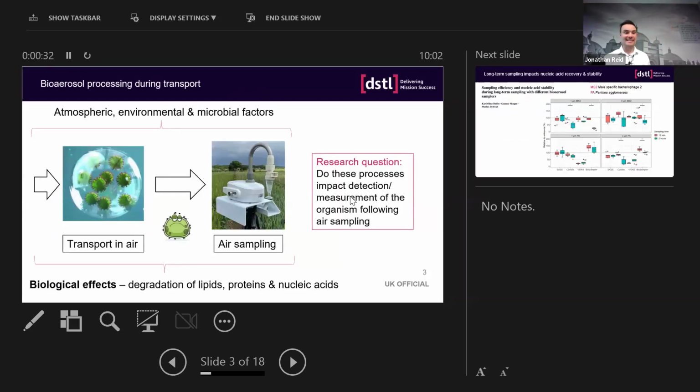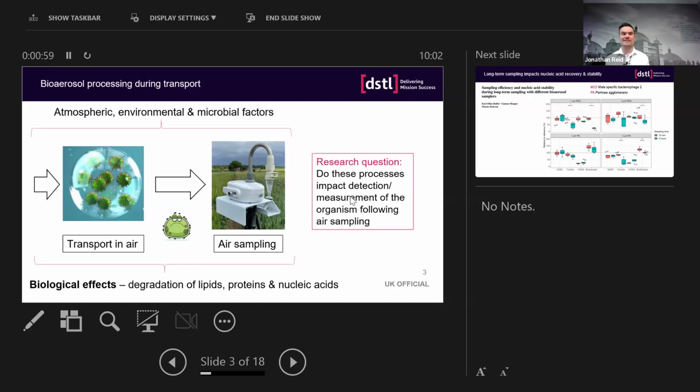In order to be collected from the aerosol phase, bioaerosol has to be first generated, and then pathogen-laden droplets have to travel through the air to that collection point. Whilst this is occurring, there's a whole host of atmospheric, environmental and microbial factors that are imparting stresses on those microorganisms during those three phases of the aerobiological pathway.